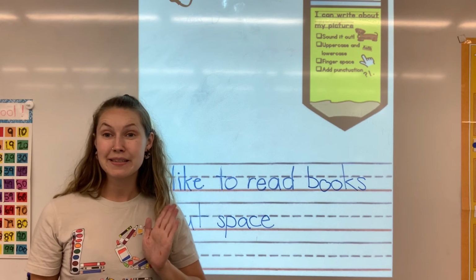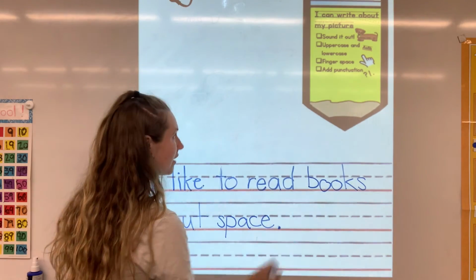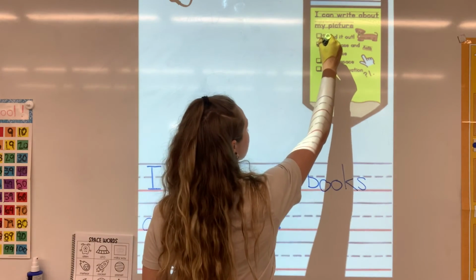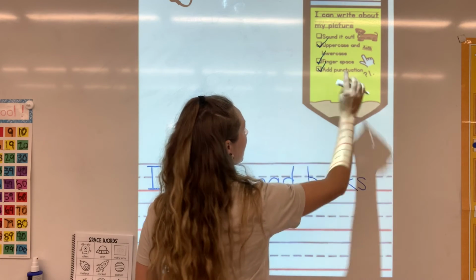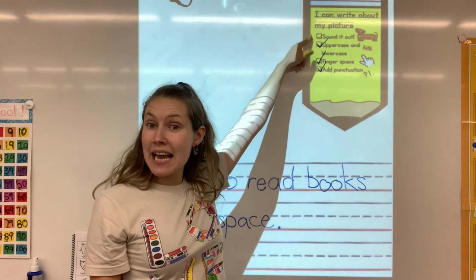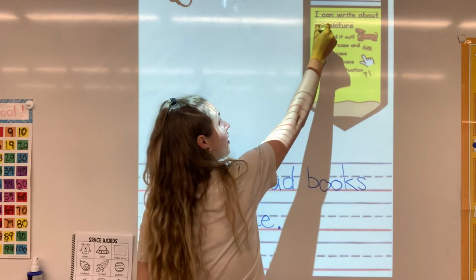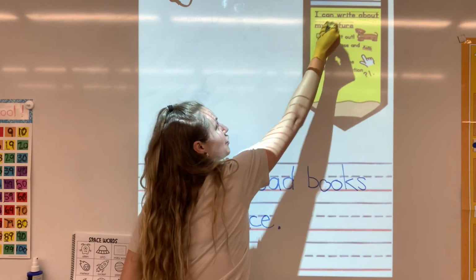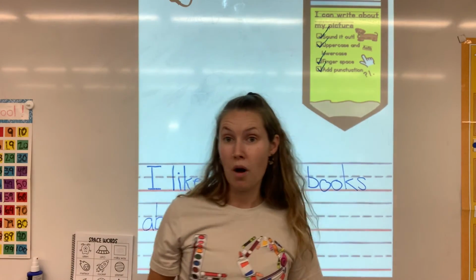A period to make the reader stop there. So I remembered finger space and uppercase and lowercase. I used my punctuation, and I didn't really sound out any words today, but I did use my word wall to help me. So I'm gonna check that off too, because I really tried my best to figure out how to spell things by using my word wall.